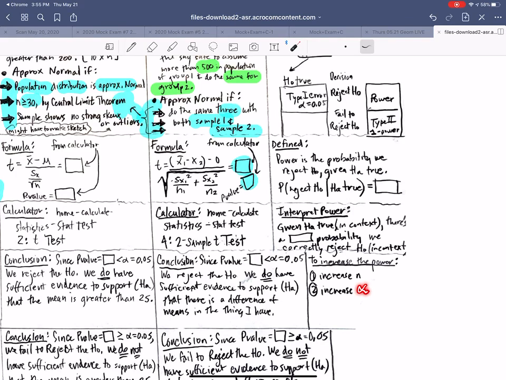Or you can increase alpha, which is actually a little bit more direct way. You will just detect an error that much simpler. So you see that right off the bat. If your p-value is 0.07, if you increased alpha to 0.10, you would be able to reject the null.